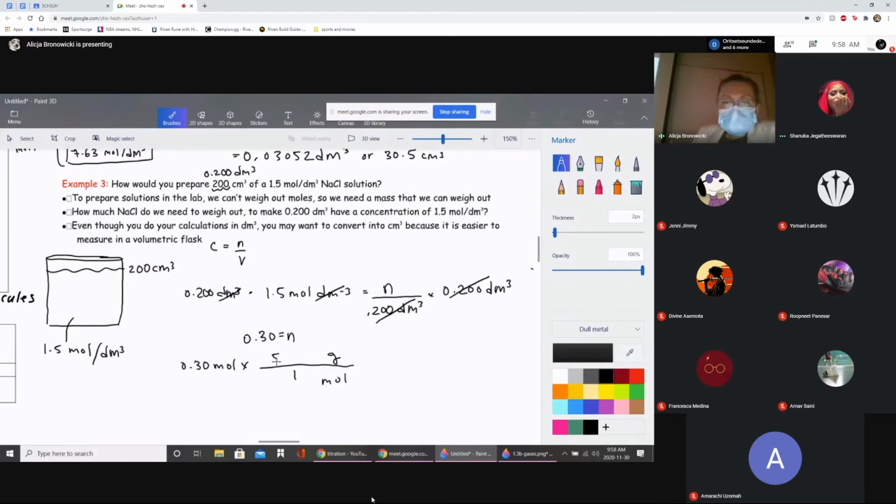I have 58.44 grams per mole, and that is 17.532 grams. Okay. So, with significant figures, 18 grams.